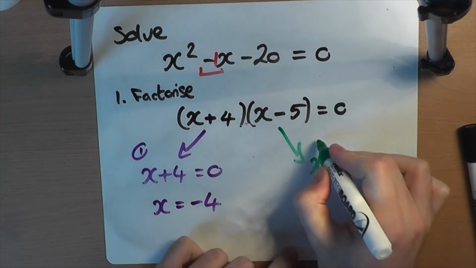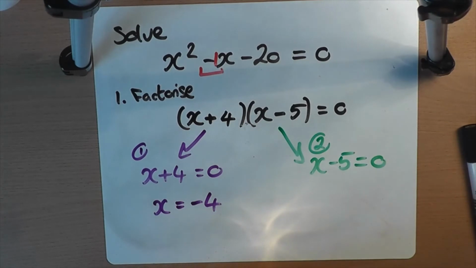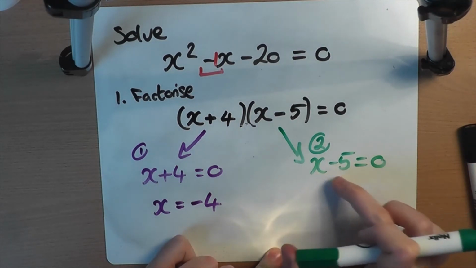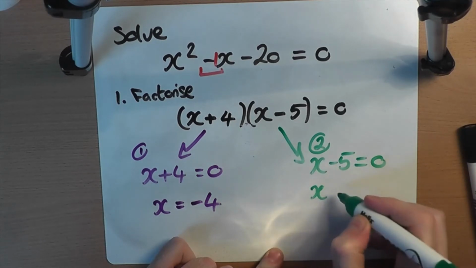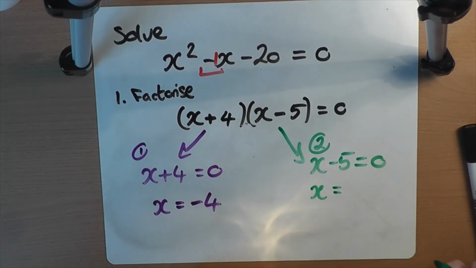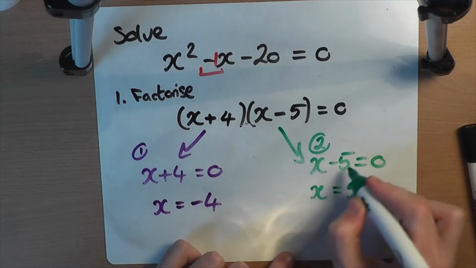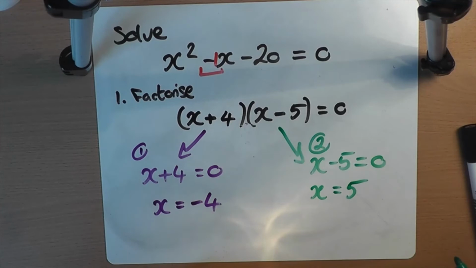Or maybe it's the case that option 2 is true. Maybe it's the case that the second number is 0. If it's the case that the second number is 0, then we've got the situation where something, take away 5, gives us 0. What must the something be? The something has to be 5. Because 5 take away 5 is 0.